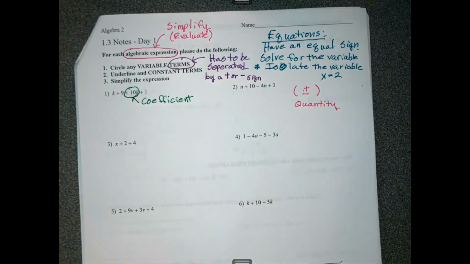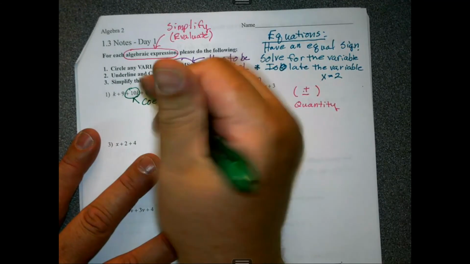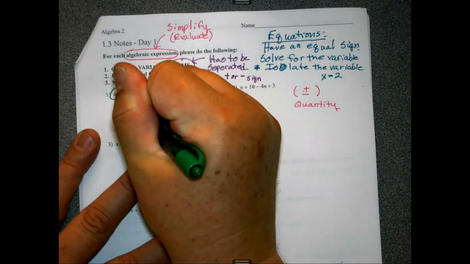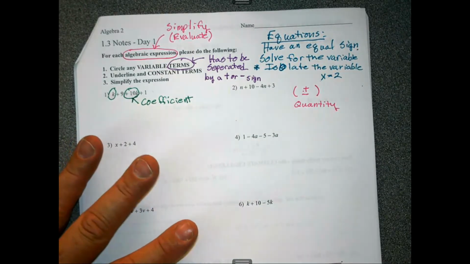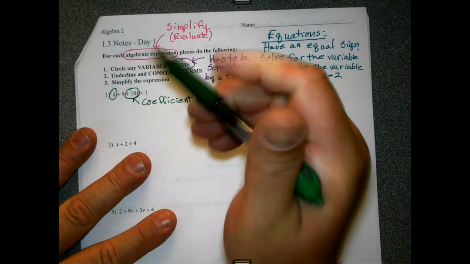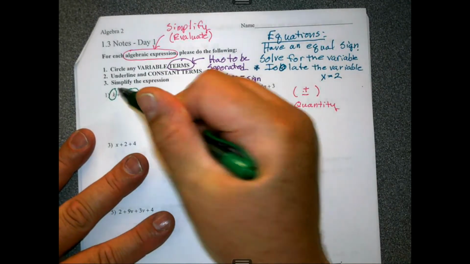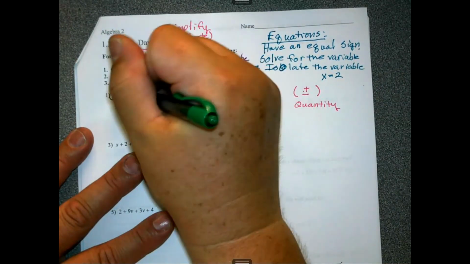We can simplify this because they're like terms. So I have these 2 variable terms. By the way, if I don't have a coefficient in front of a variable, what is it? 1, right? So I have a 1k to the first, and a 10k to the first. I can combine these, right?